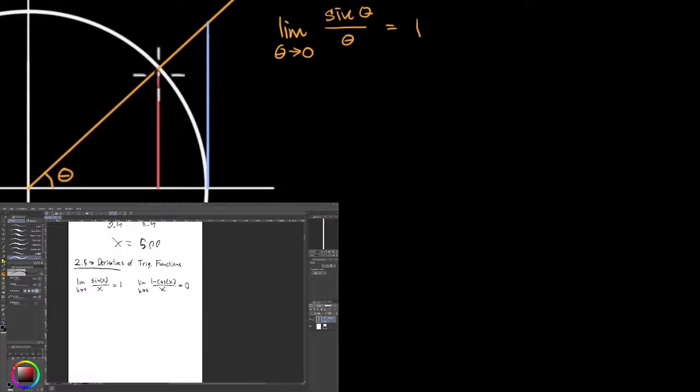By the unit circle definition of trig functions, the length of this line is going to be sine of theta. If we wanted to make sure that it also worked for thetas in the fourth quadrant, which will be useful, we can just ensure that it's the absolute value of sine of theta.